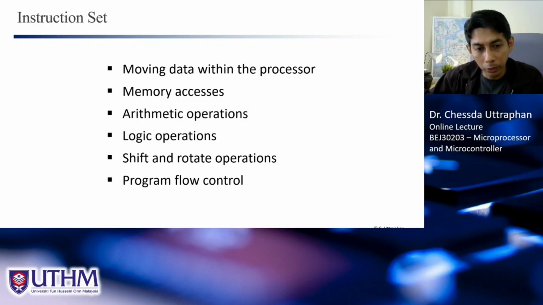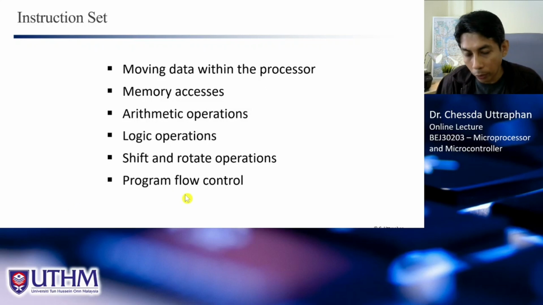If equal, what to do; if not equal, what to do. So we need what we call program flow control to force the microprocessor to jump to another location of the program. These are the main groups of the instruction set that we need to learn in this course.